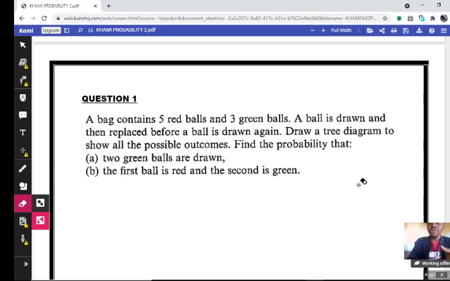For example, a ball is drawn and another ball is drawn. So there you can see that two balls have been drawn. From that scenario, you are supposed to apply the concept of tree diagrams. Please get that.